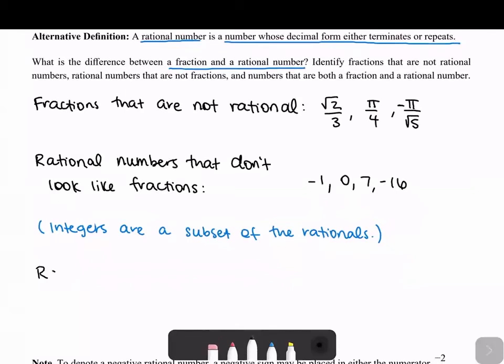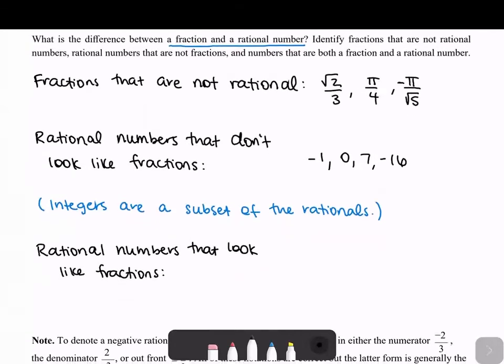So things that are both fractions, well, we have rational numbers that look like fractions. And these rational numbers that look like fractions are just the fractions that we see every day, right? It's most of the things we dealt with in chapter 6. We have -1/2, 10/8, 7/12, things of that nature, right?